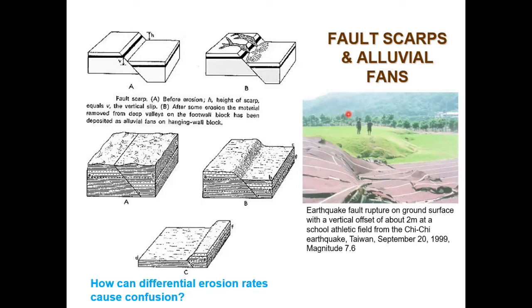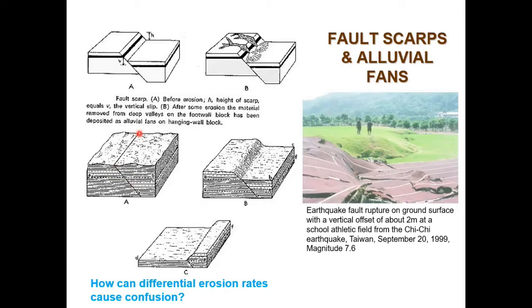Fault scarp is the exposed part of the fault, because these fault planes are not always exposed at the surface. Like in this block diagram, this fault plane is just buried. It is not exposed at the surface. Only during an earthquake, maybe there will be a surface rupture, and that's the only evidence we can find at the surface.